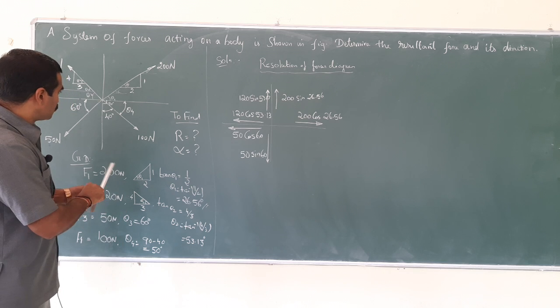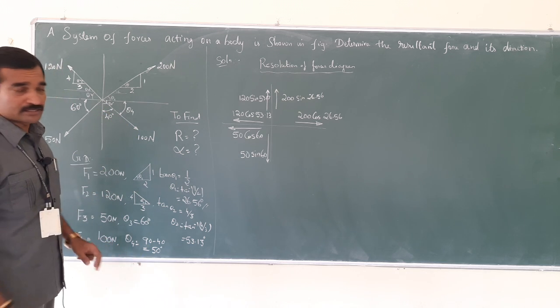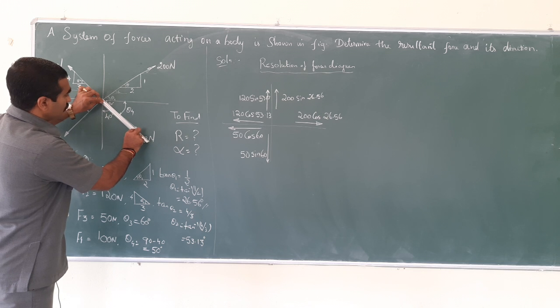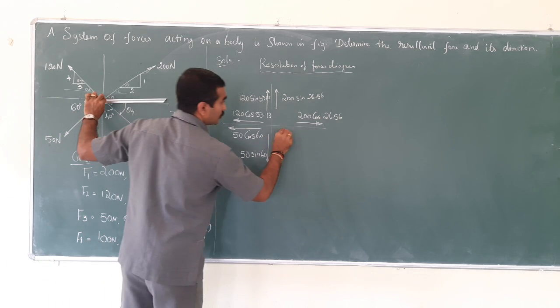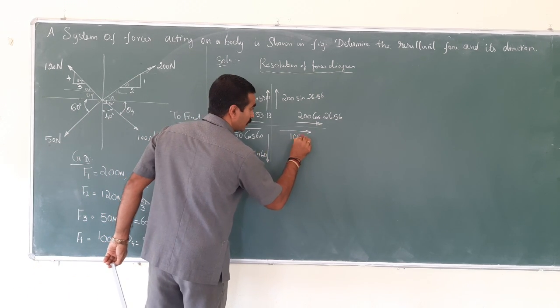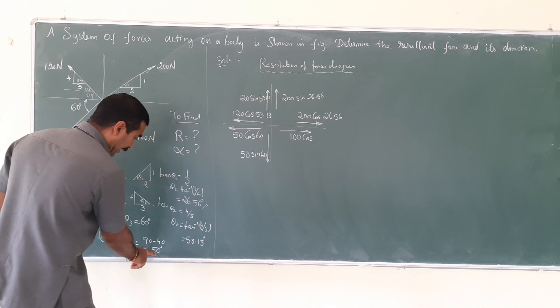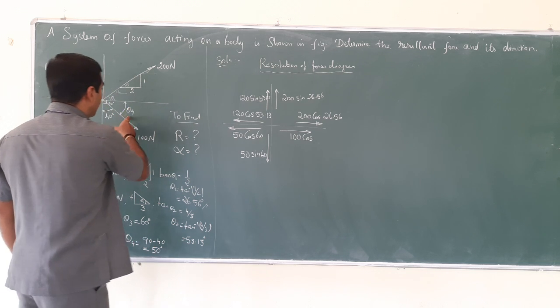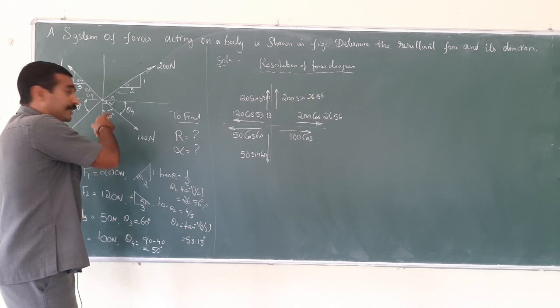Right. Let me just move to the fourth quadrant, where a force acting away from this, and its nearer horizontal is towards right, of magnitude 100, and cos component, whatever theta 4 is 50 degree with horizontal. You should not consider the force with vertical, that is y-axis.